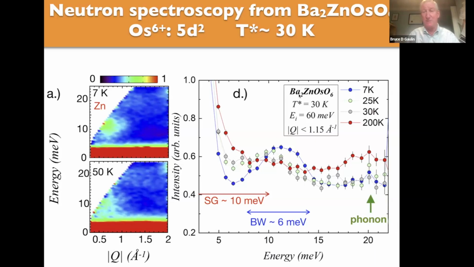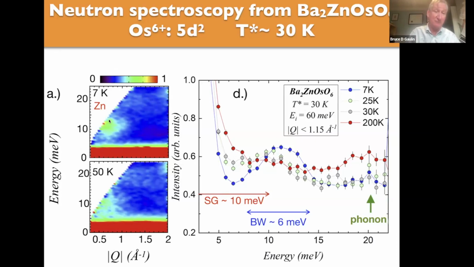And the one that I'm showing you is barium zinc osmate, where that thermodynamic transition is at about 30 Kelvin. And on the left-hand side of this slide, I'm showing you a color contour map with energy versus modulus of momentum transfer.